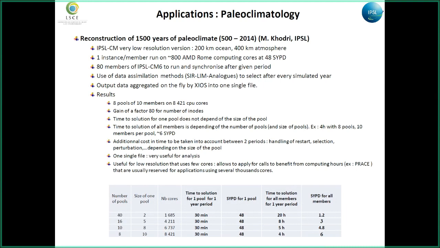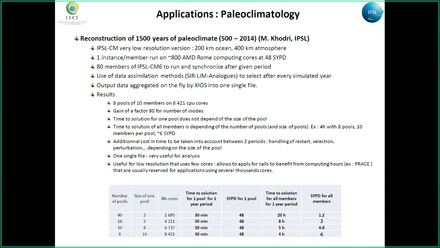And the output data will be aggregated on the fly by XIOS into one single file. As a result, we divided the 80 members into 8 pools of 10 members, which run on about 8,000 CPU cores. Obviously, we had a gain of a factor 80 for the number of inodes.